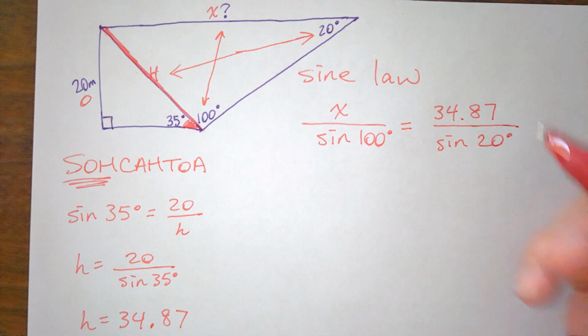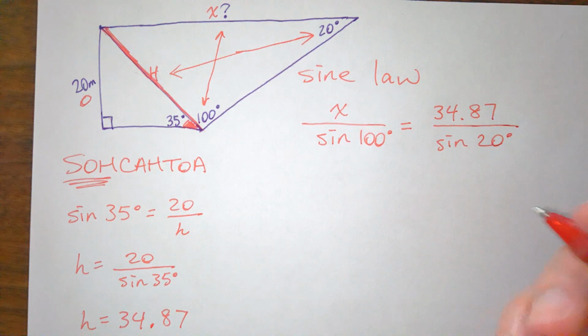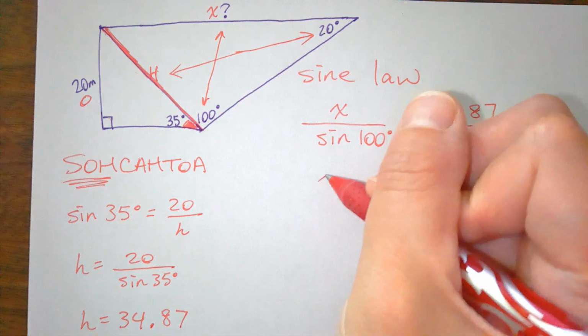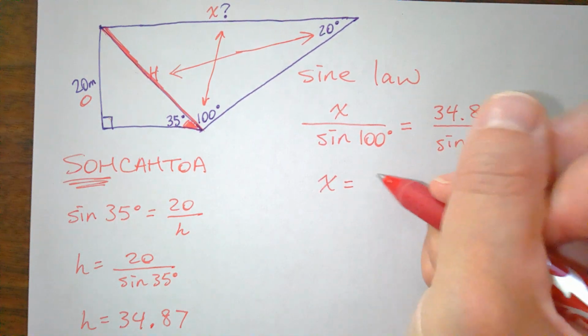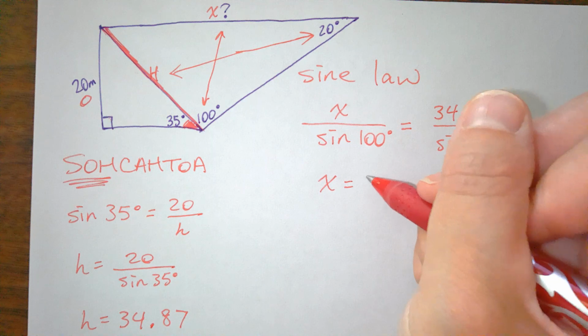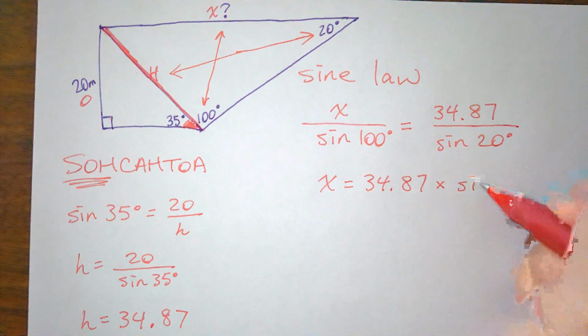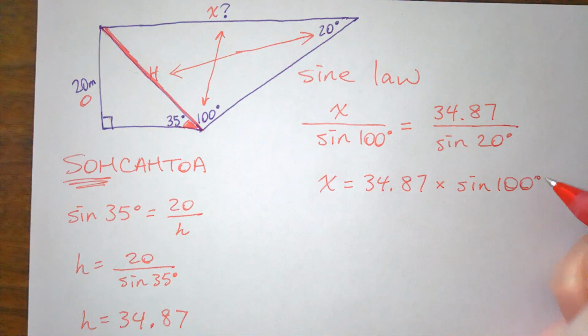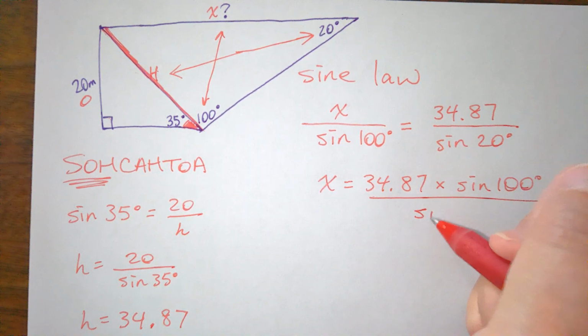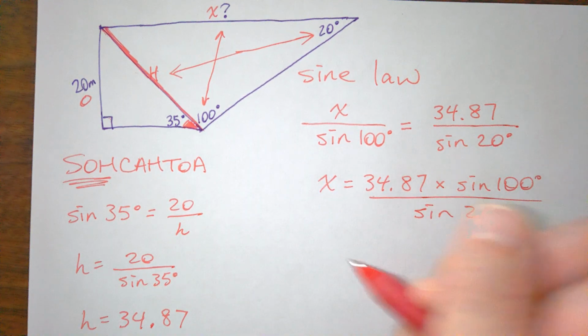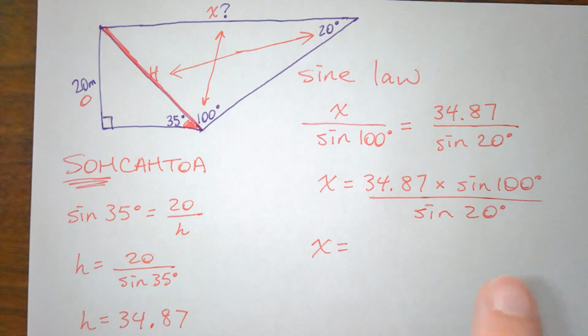So cross multiply and then divide. If you want, you could change each one of these into a decimal first and then cross multiply and divide, if it's easier for you.